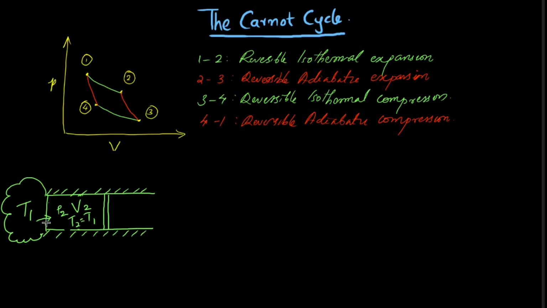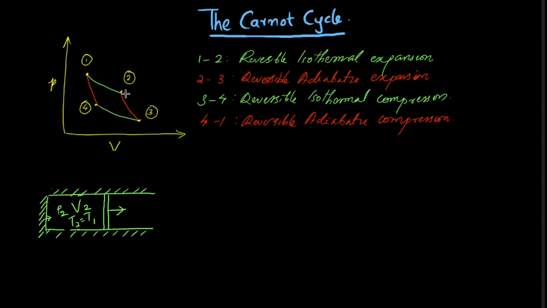At state 2, we are removing the reservoir and we are insulating the cylinder head such that the gas is allowed to expand further adiabatically from state 2 to state 3. Since it is an adiabatic expansion, there is no heat transfer to the gas, and since the volume is increasing, the work is done by the gas.